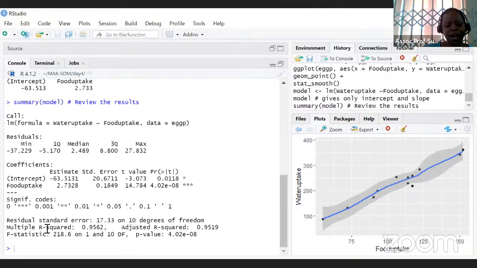In this case, our R squared is 0.9562. This means that 95.62% of the variation in water uptake has been explained by the regression model, or by regressing water uptake onto food uptake.